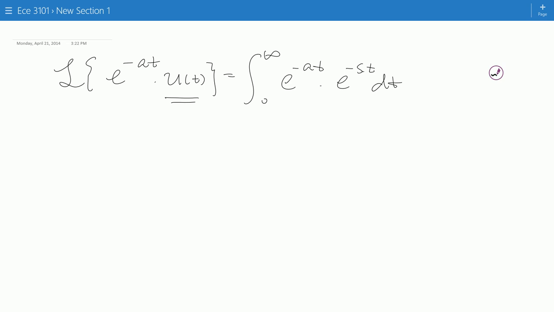This is using the definition. And we have two exponential terms. Let's combine these two directly. We have negative a with negative s. Altogether, we should have negative s plus a.